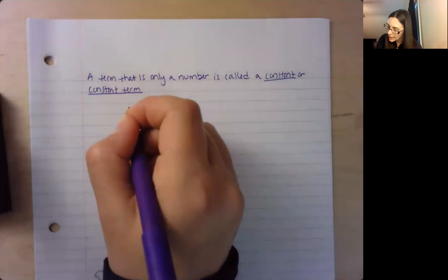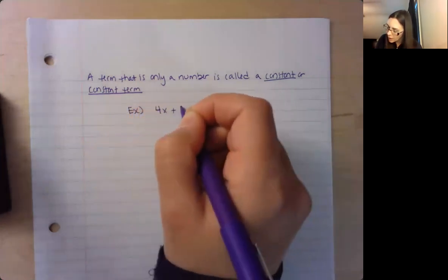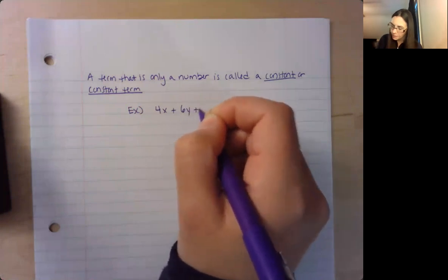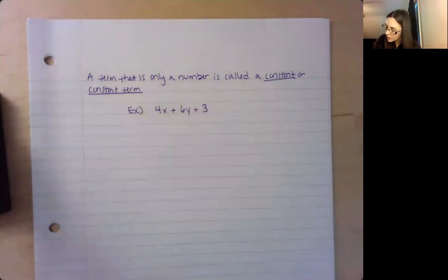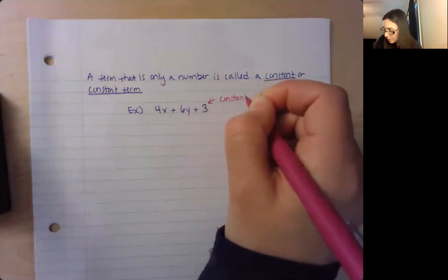So example, let's say I had 4x plus 6y plus 3. So this right here is your constant or constant term.